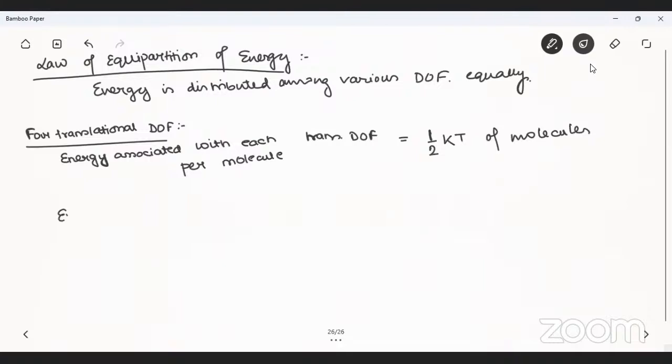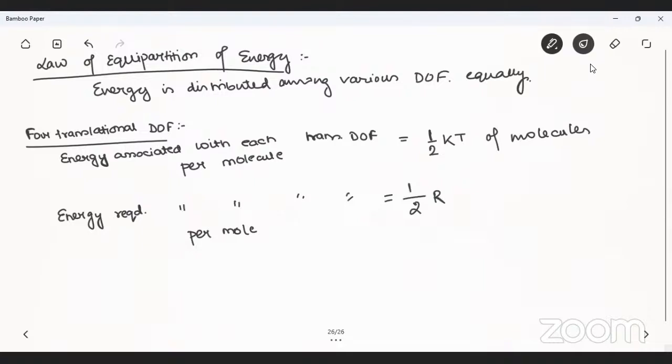Energy required, or you can say energy associated, whatever, with each translational DOF, but here it will be per mole. You know the difference between mole and molecule from the first chapter?